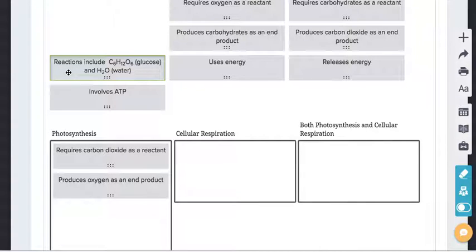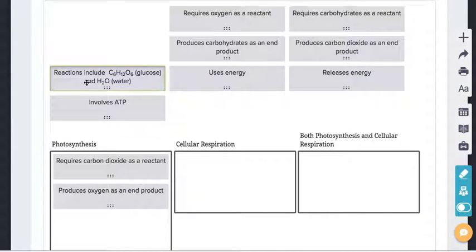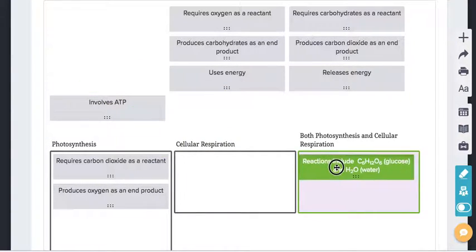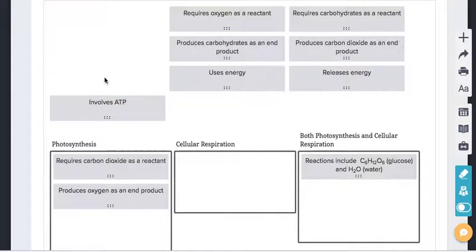Okay, the reactions include C6H12O6, which is a sugar, and water. Well, since it's saying reactions, it's probably talking about two different types of reactions. And C6H12O6 is over here on cell respiration, and water gets used in photosynthesis. So I'm going to just guess and put this in both, but we might come back to that.